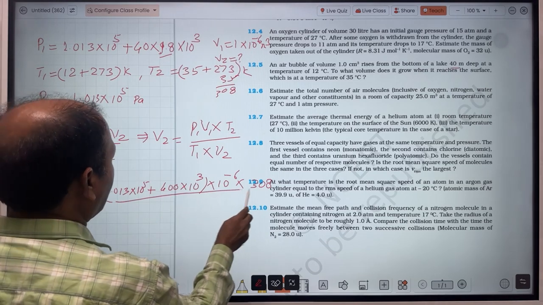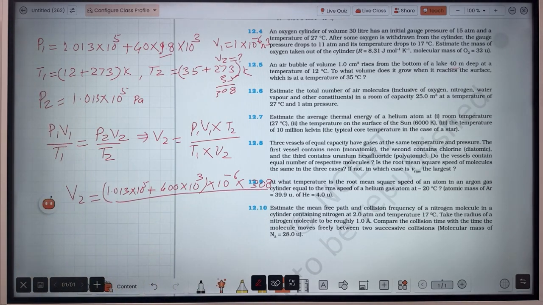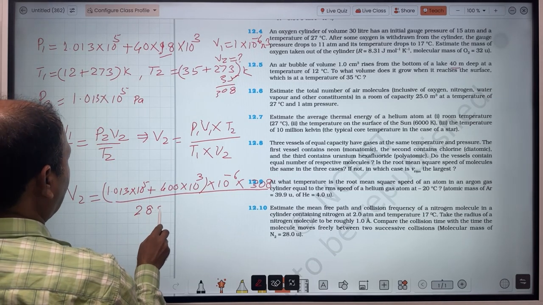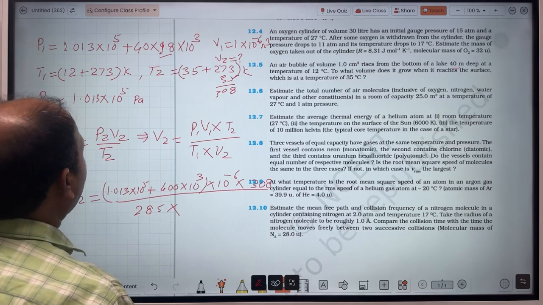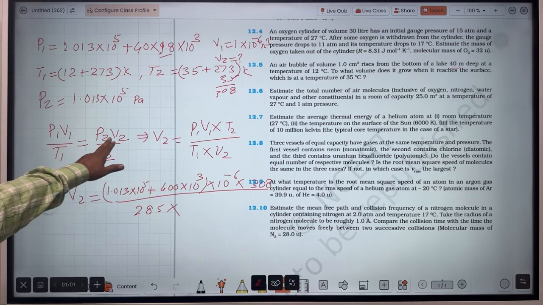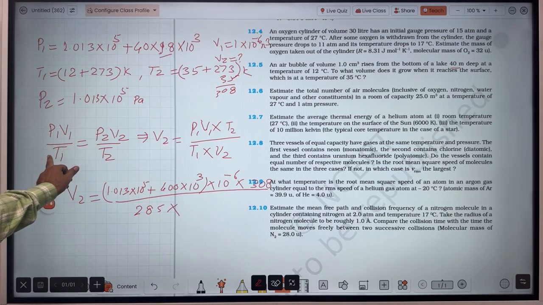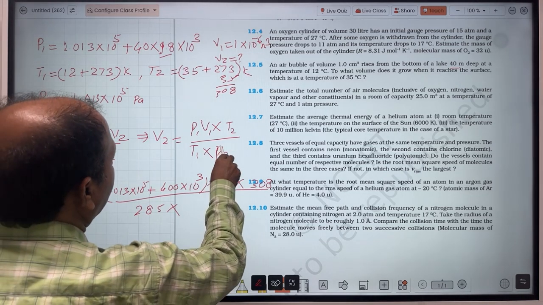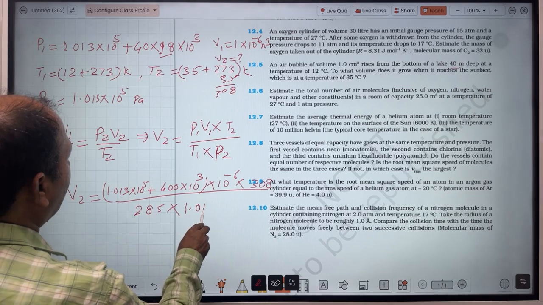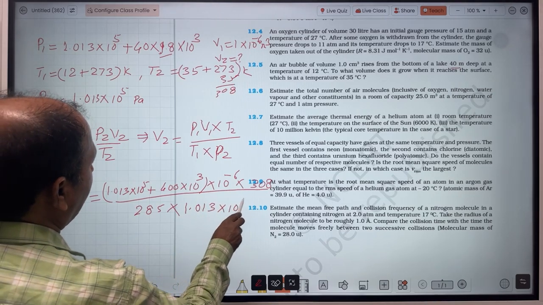And divided by T1. What is T1? T1 will be 285, into P2. Not V2, because we have to find out V2 here, so we can write P2. P2 is 1.013 into 10 to the power 5.